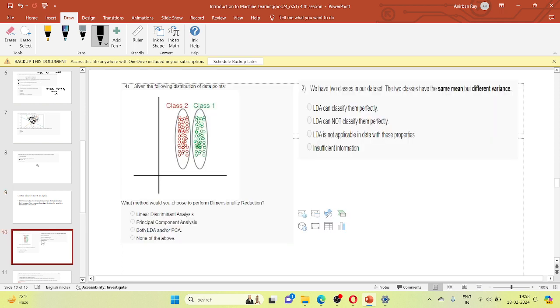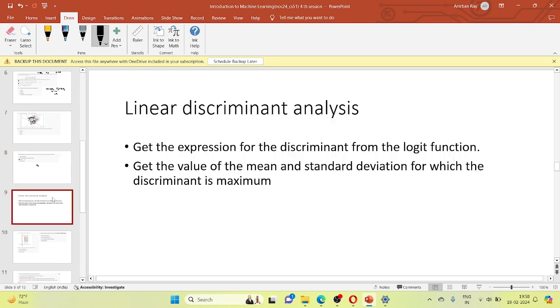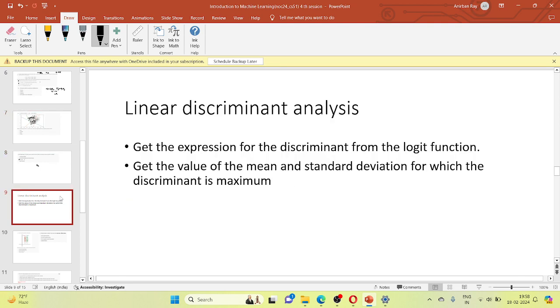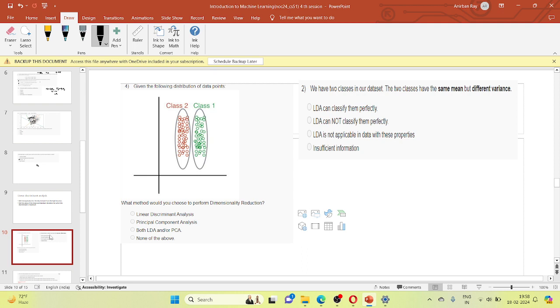One thing to mention is that in this derivation, you have to consider the mean and the standard deviation of both the classes. We have considered Gaussian, and the standard deviation of both will be the same. That is the assumption in linear discriminant analysis, otherwise it does not work well.